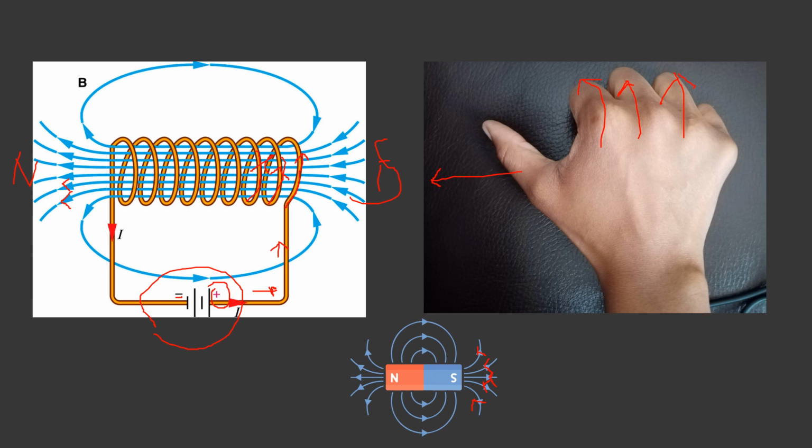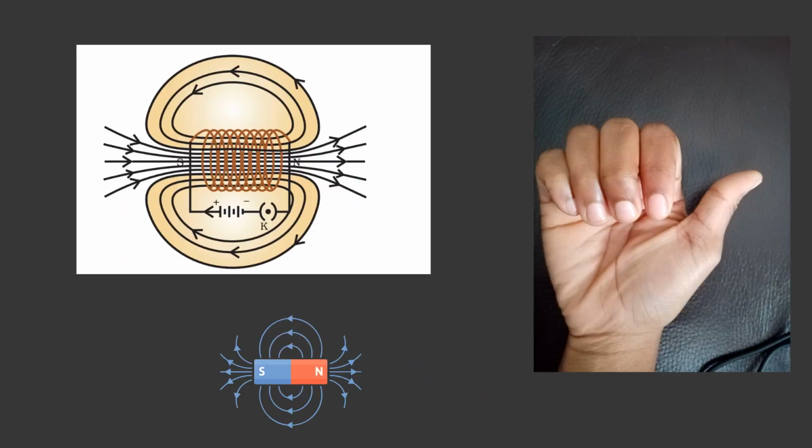Let us look at the different case where we change the battery. Now you see on this side we have the positive terminal, and on this side we have the negative terminal. Still using the same variation of the right hand rule, where the thumb will point in the direction of the magnetic field lines, and we check how your current flows. Your current will flow from this direction, and it will appear there.